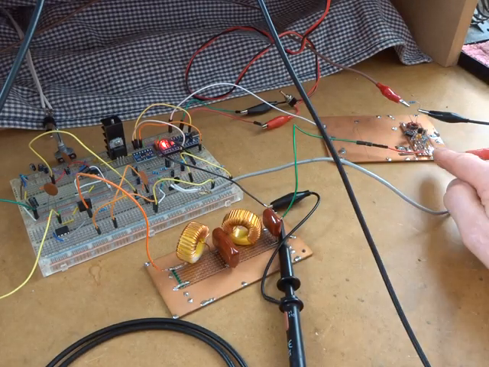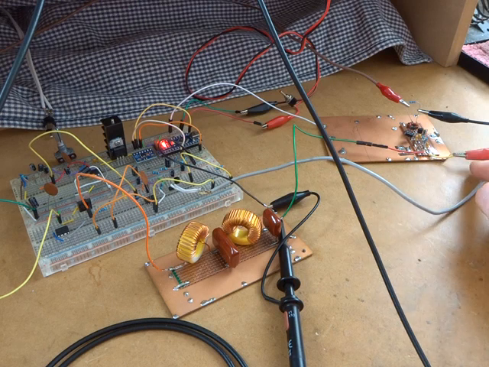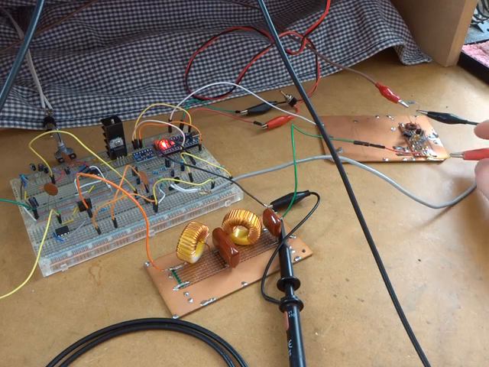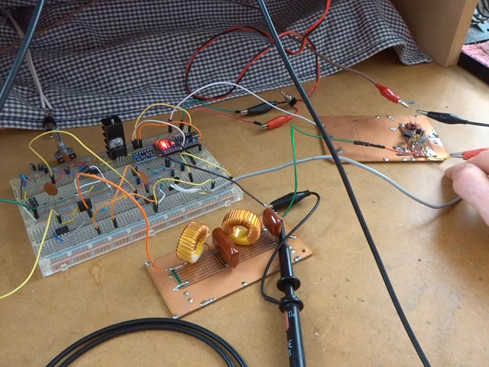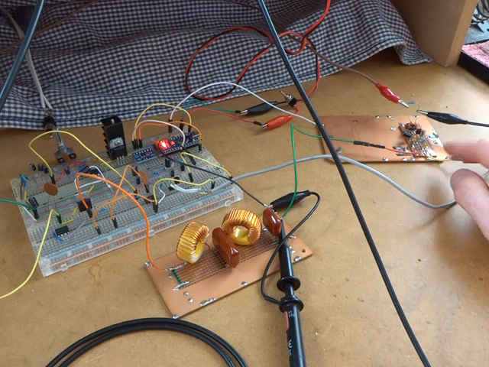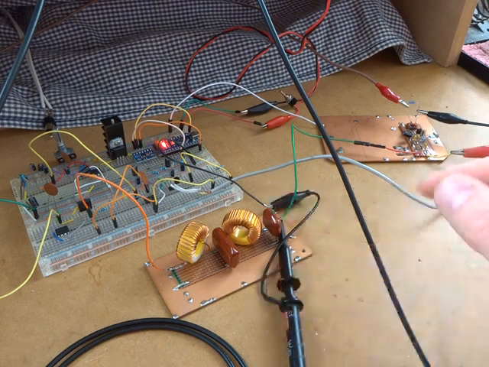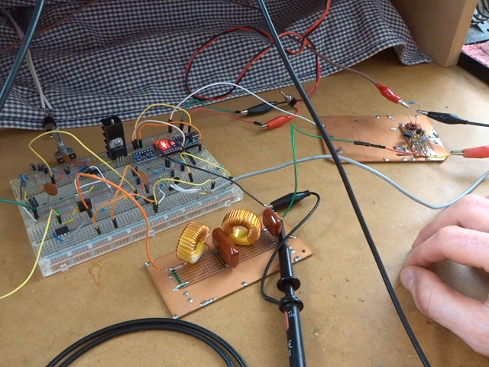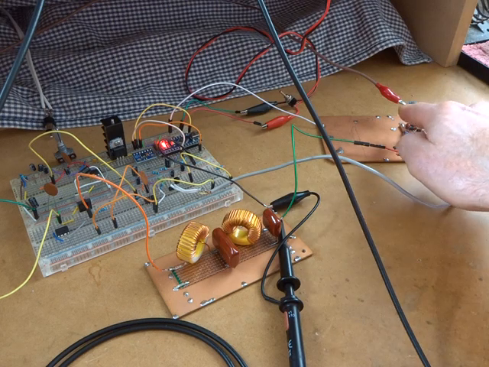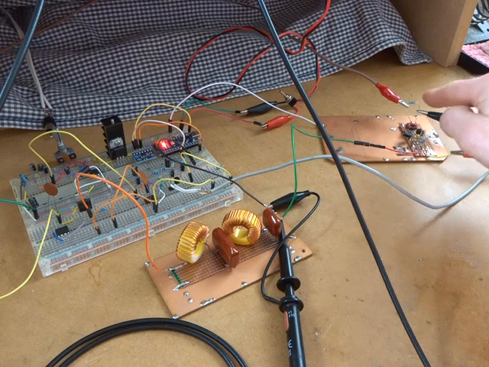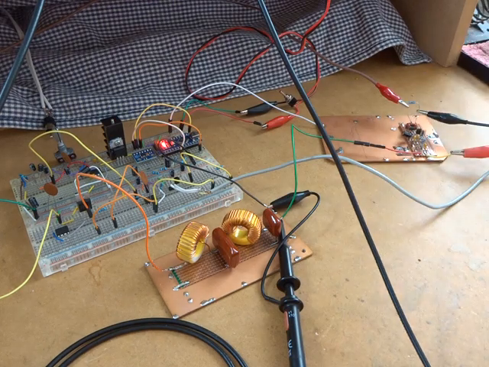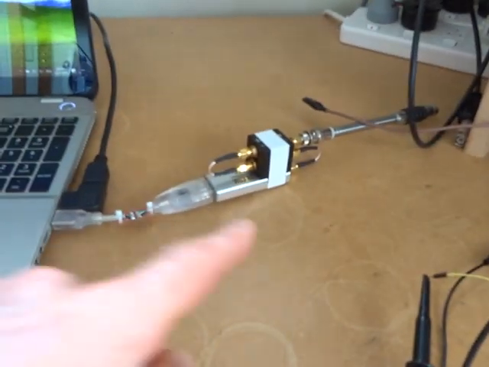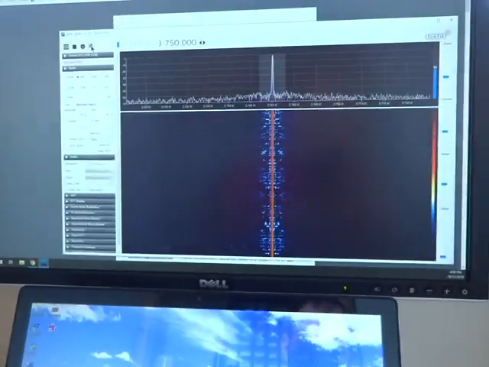And at the moment the input to that AM transmitter is just coming from the SIGGEN. That SIGGEN's outputting a 3.75 megahertz signal, which is where I wanted to design in the end the Class E amplifier. Then I've just got a small wire hanging off that 50 ohm resistor, which in turn has been picked up by the SDR sharp and decoded up here.